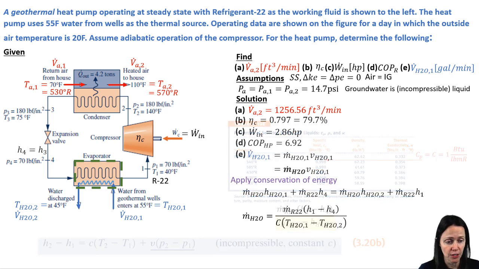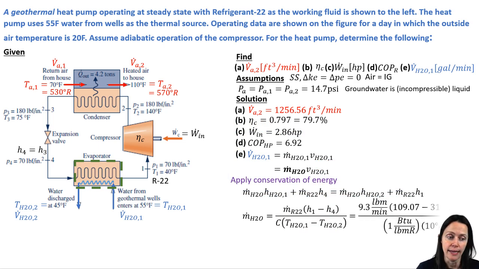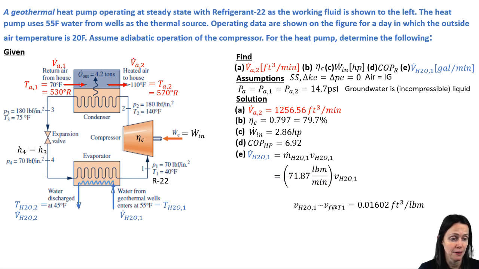So with that information, I'm going to plug that in, replace that delta h with C delta T, and I guess I'm about ready. I just plug in my numbers, and the only other thing I've got is that specific volume. So I need my specific volume at state 1, but since I know that it's a liquid, or I'm approximating it as, well, not even approximating, it is a liquid. It's a compressed liquid.